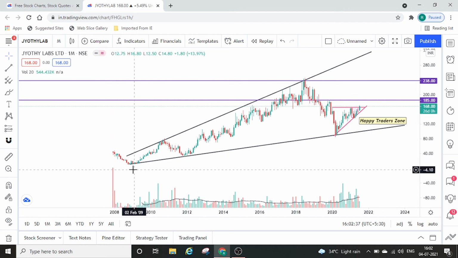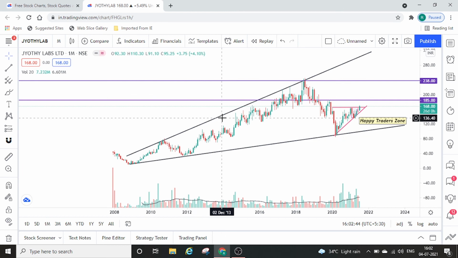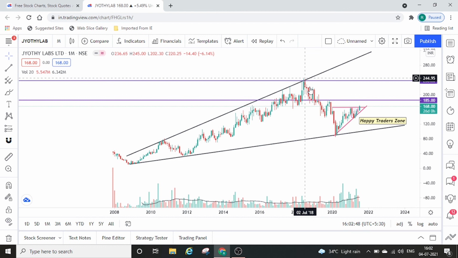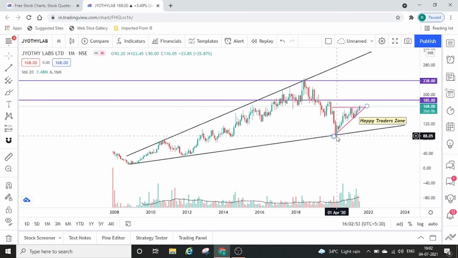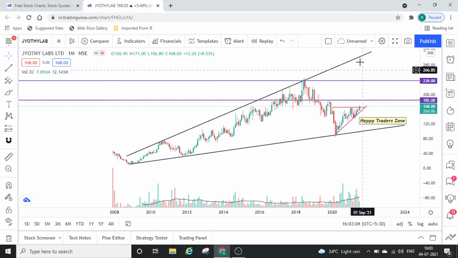The price has been moving between this support line and the resistance line, and as the price touched this resistance line, it took support here, and again turned its direction towards this resistance line. And in Dabur India, the stock price has provided the lifetime breakout, and it has traveled around here, and we have been given the target up to this resistance line.